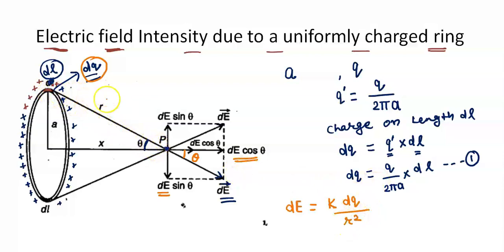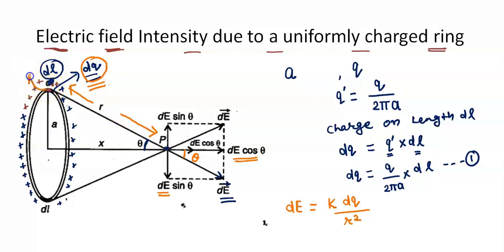Once again, the electric field intensity due to this charge dq at this point P will be k q upon r square, where q is the small charge dq, and r is the distance, as clearly mentioned in the diagram, of that point P from this point A.